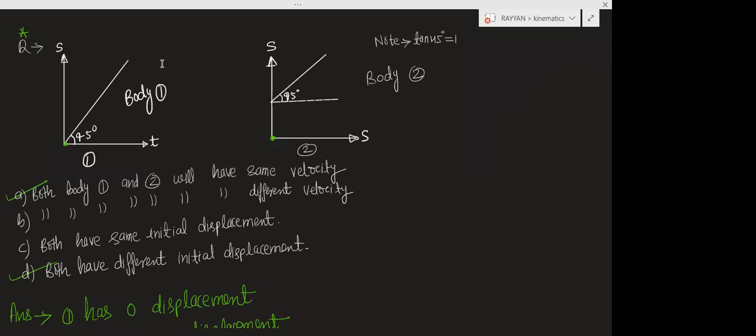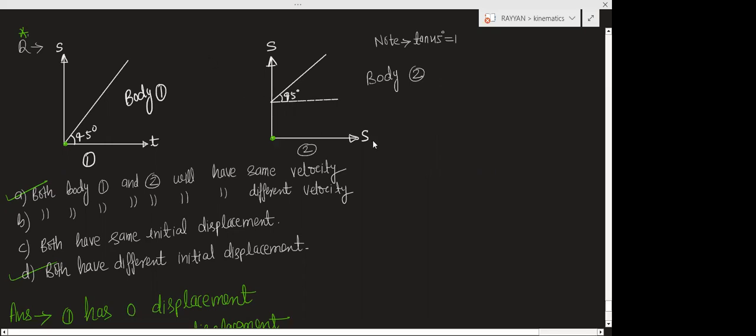Then we will understand properly what the graph is saying. Oh, sorry, here will be time. You can change it by yourself.